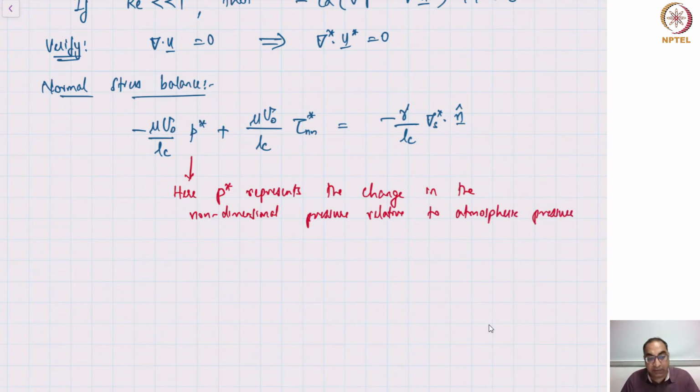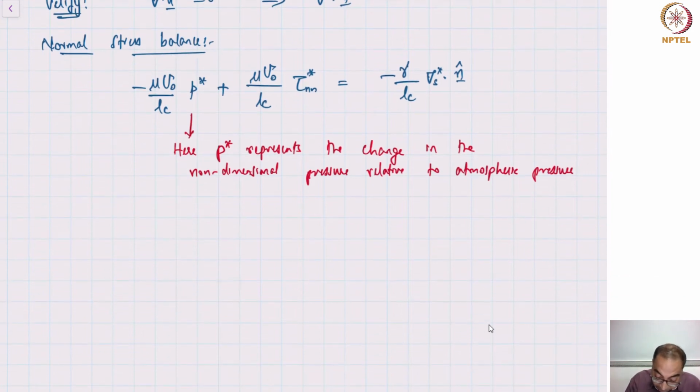Note that if I have to write it down systematically, I would have a P infinity above, a non-dimensional version of P infinity. Either you can redefine P star as P minus P infinity, or without any loss of generality, you can also set P infinity to 0. Okay.